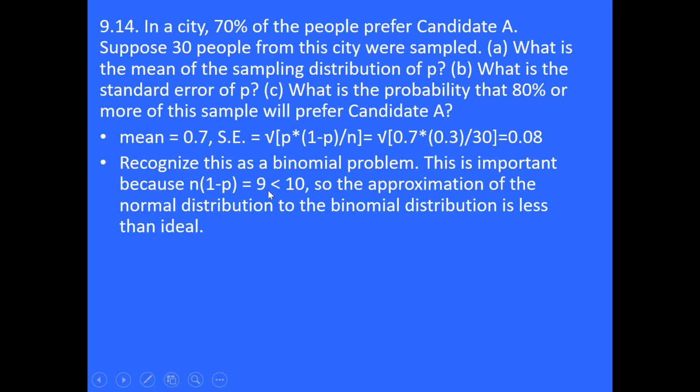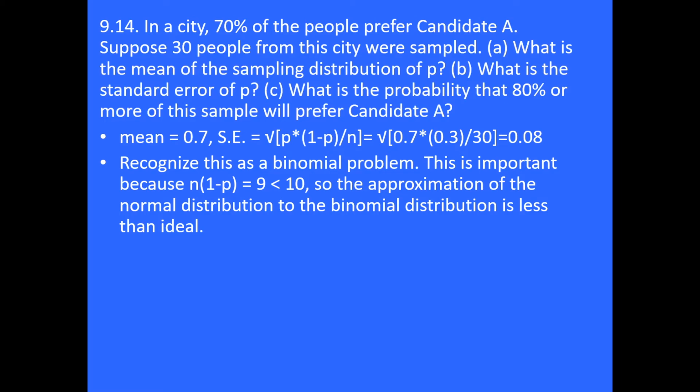I guess I used pi in previous videos, but n times 1 minus pi has to be greater than 10, and n times pi has to be greater than 10. In this case, 1 minus pi is 0.3, times 30 is actually 9, which is less than 10. So what that's going to tell us is the binomial approach is going to give us a pretty different answer than using the normal approximation.